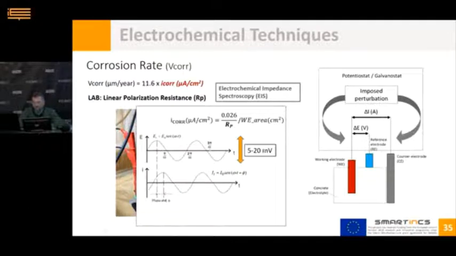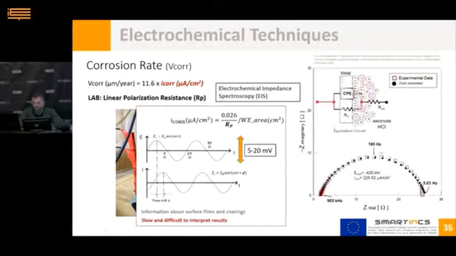The impedance of the electrochemical system is collected and then it is fitted for its interpretation and analysis to an equivalent electrical circuit, mainly composed by resistors and capacitors. Impedance is the equivalent to electrical resistance when alternating current is used.